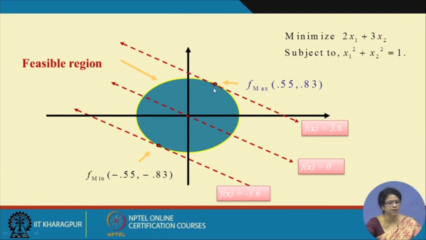Now, there are certain properties of this whole fact. What is the property of this? Just think about the gradient direction of the constraint set and the gradient direction of the objective function. This is the gradient direction of the objective function this way, and this is the reverse gradient direction. For the constraint, what is the gradient direction?